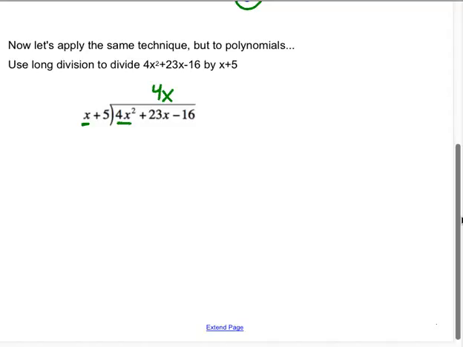All right, so now if you recall, that 4x is now going to multiply that whole thing. So I'm going to take that 4x and multiply it to that entire x plus 5. And hopefully you can see that type of multiplication, you need to distribute this through. Okay, so far what we have is 4x squared plus 20x. All right, so once you figure out what you're multiplying by, put that on top.